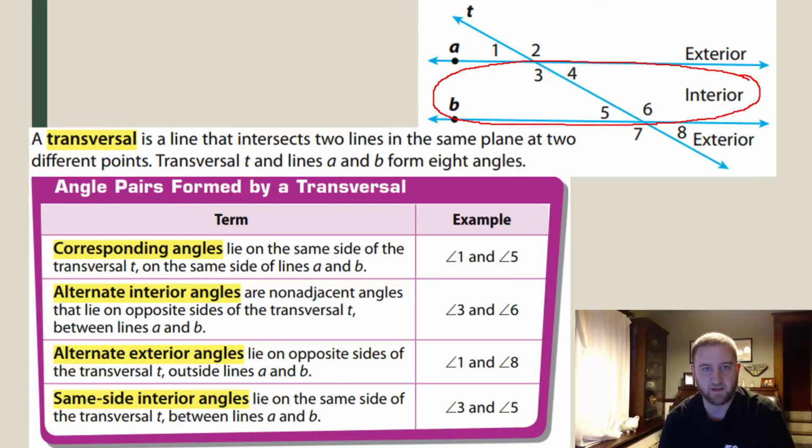The exterior angles are the ones on the outside. Alternate interior angles are the ones on the interior and on opposite sides of the transversal. So 3 and 6 are alternate interior angles, and 4 and 5 are alternate interior angles as well.